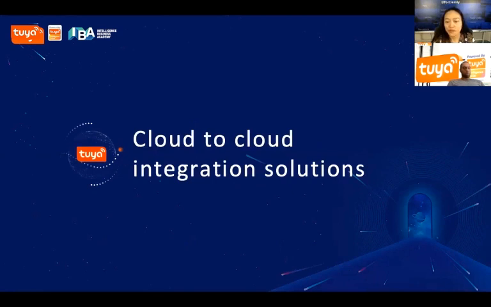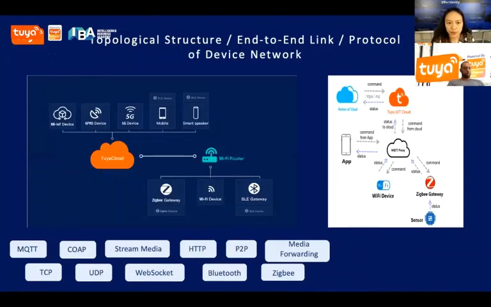Here are 4 integration solutions. Let us view the end-to-end link protocol structure. You'll find these are the device options, where we provide Wi-Fi, Zigbee, Bluetooth, or other communication modules on the devices, and all the states will reach the app and go directly to Tuya Cloud.